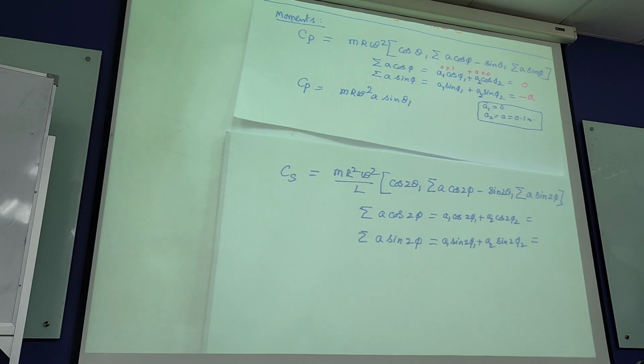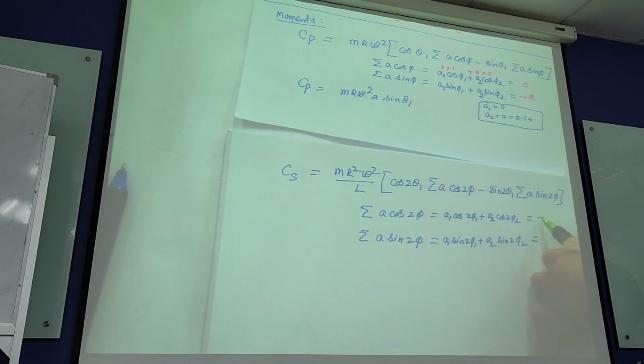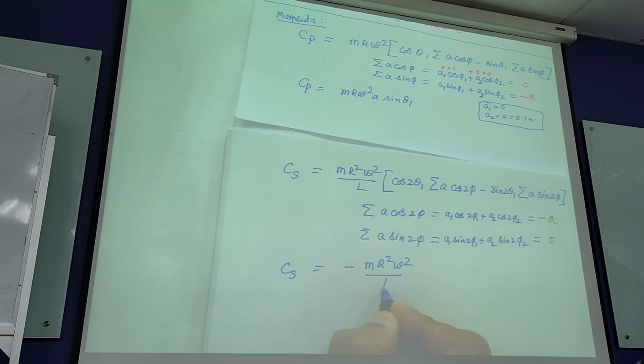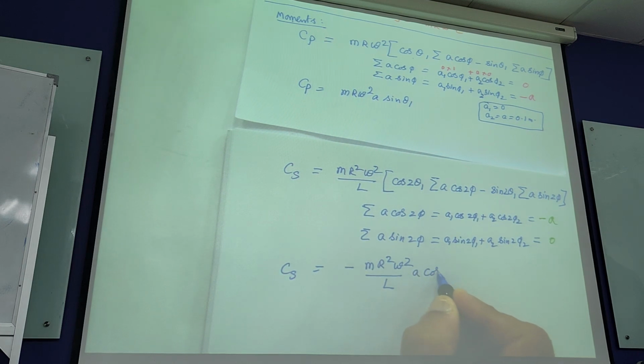Any answer for the first one? Yeah, negative A. The next one is 0. So that means you can now write the secondary moment CS is equal to negative m r square omega square over L, A cosine 2 theta 1.